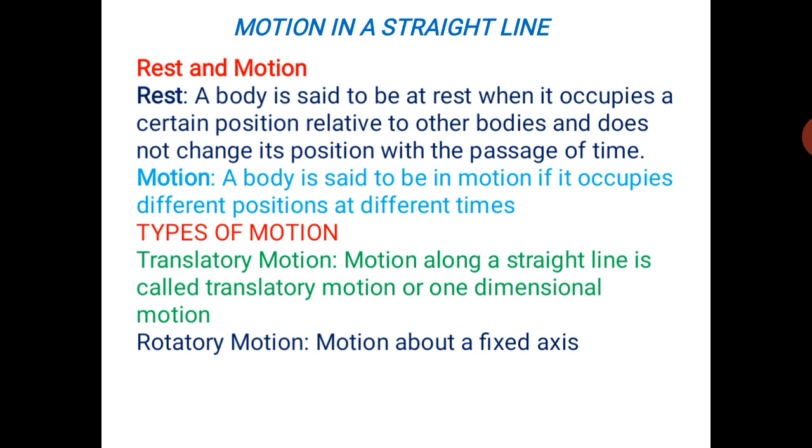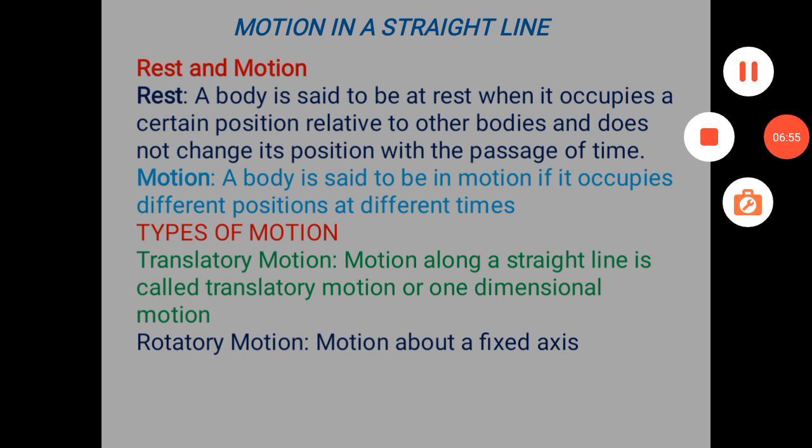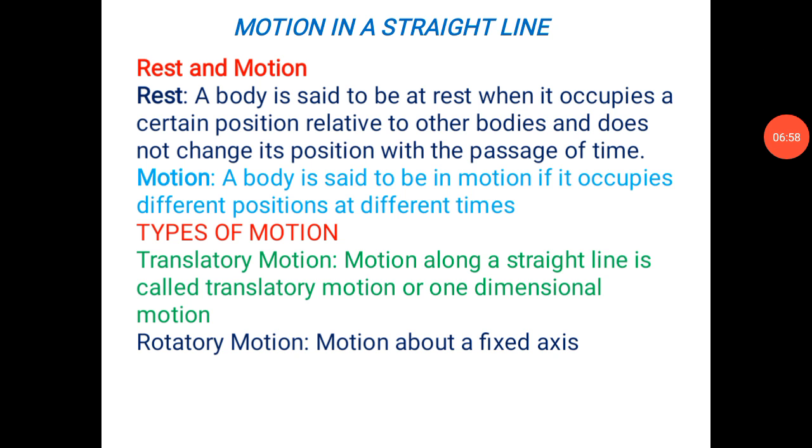You can take one more example. When the fan is rotating, what happens? The particles on its blade are moving, but they will come to the same position after one rotation. Okay, so this is because of the body or the particles which are rotating, and that motion is called rotatory motion. Is it clear?